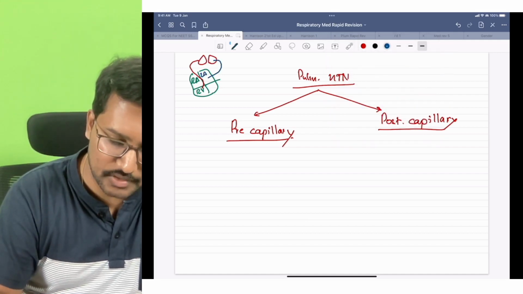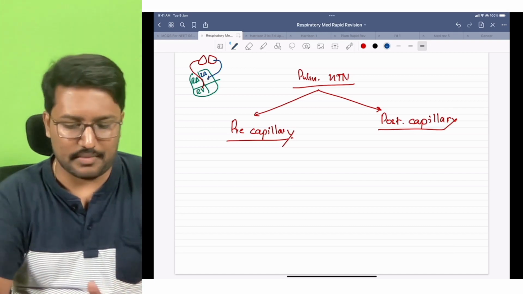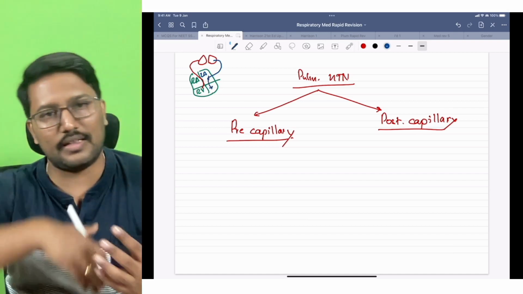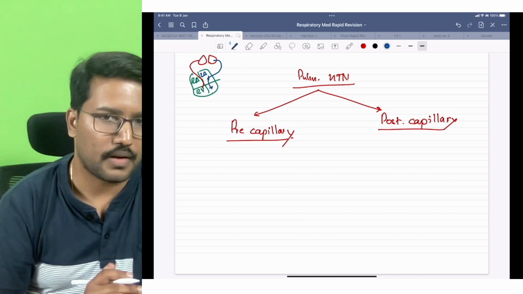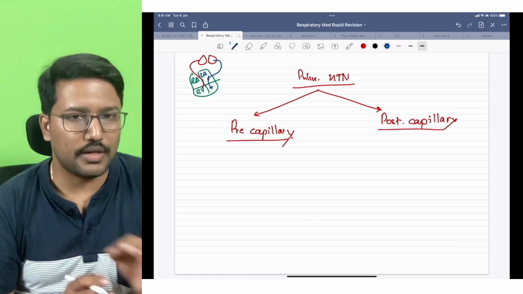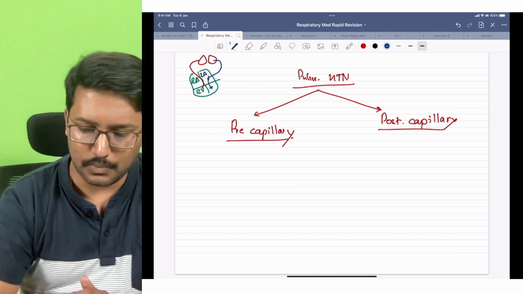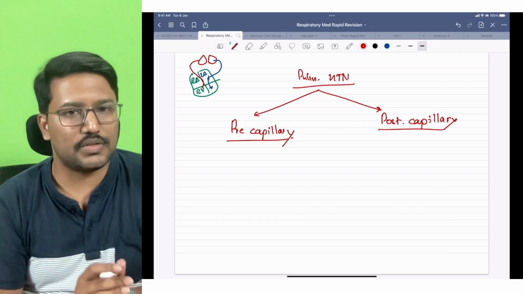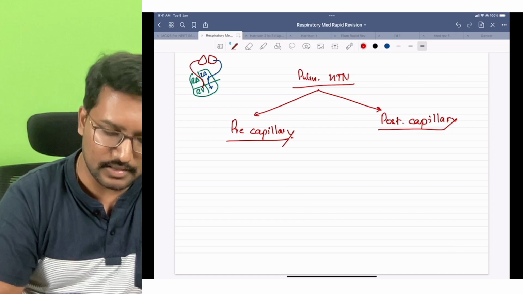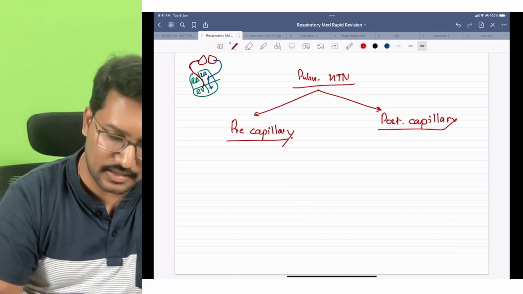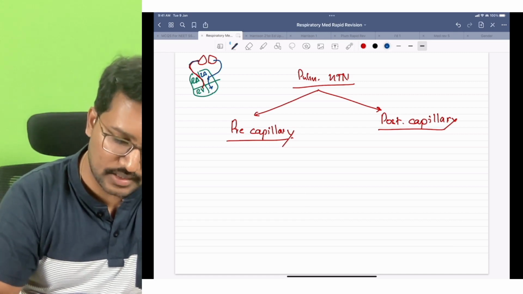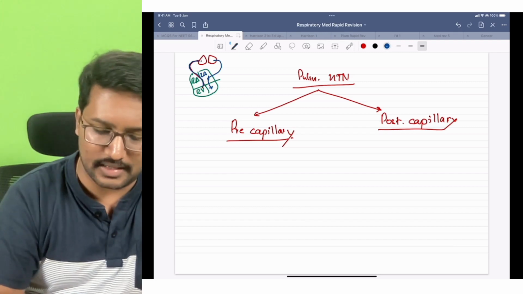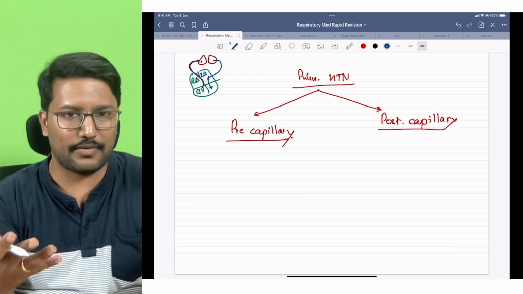From there it goes to your left ventricle and then it is ejected into the aorta. Now it is called pre-capillary if the pathology is in the pulmonary artery or at the level of the lungs. See, what is happening at the level of lungs?